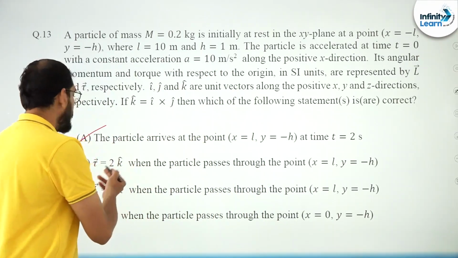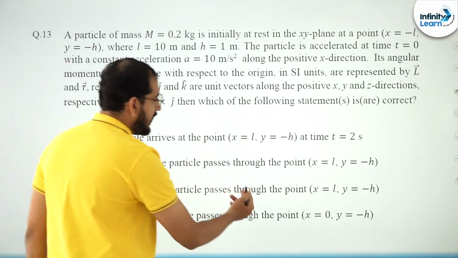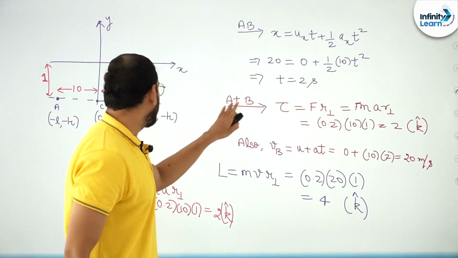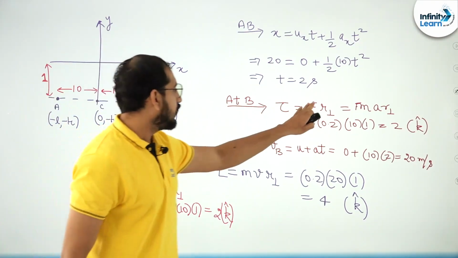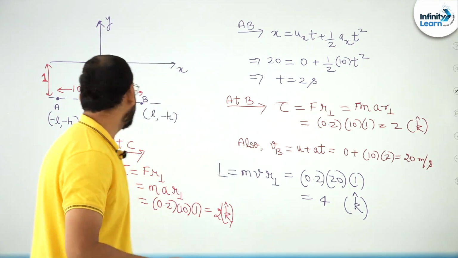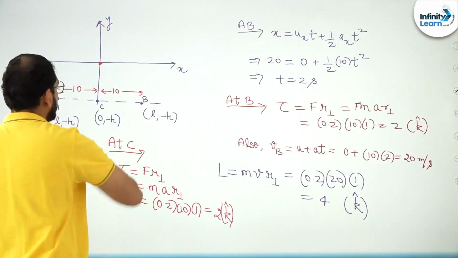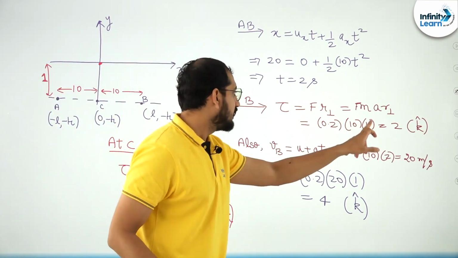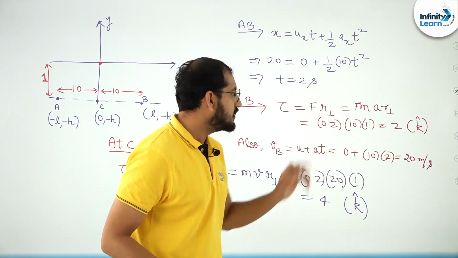Option B asks what the torque is when it reaches the final point, right? So to calculate the torque at the final point B, we need two pieces of information: how much is the force and how much is the perpendicular distance from the origin. From the origin, the r perpendicular is 1 meter, given to us, right? Mass is given to us, acceleration is given to us.